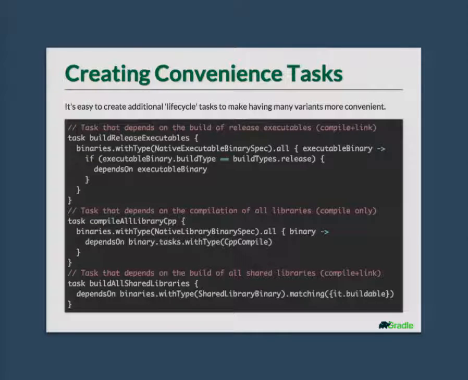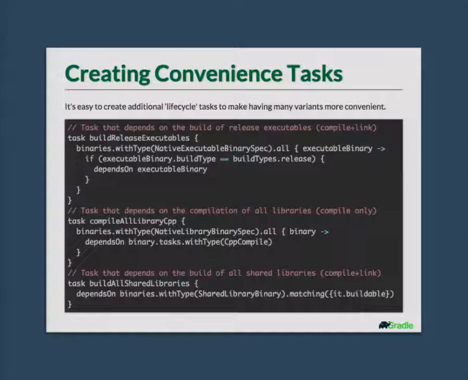I don't have internet access working, but it is a binary of some kind. I think either binary or the parent class above that has a buildable flag. If I want to use matching, do I have to say with type?